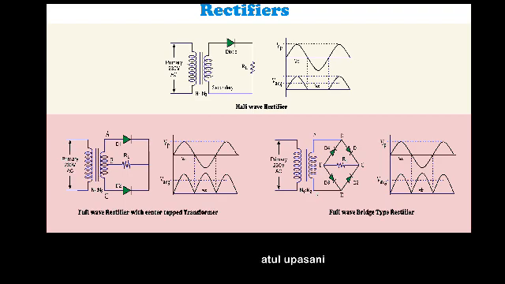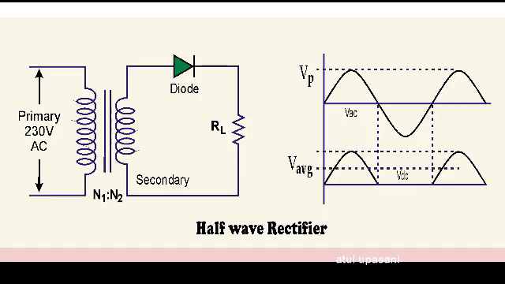These rectifiers are classified into two types. Either they conduct the half cycle or they conduct the full cycle. In both types, the current direction will be the same, so it is unidirectional. Both rectifiers convert AC into DC. The half wave rectifier has only one diode, while the full wave rectifier is again classified into two types.